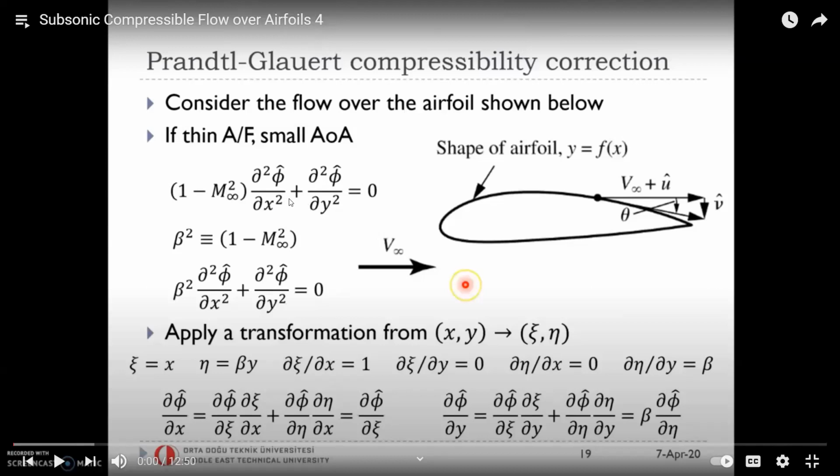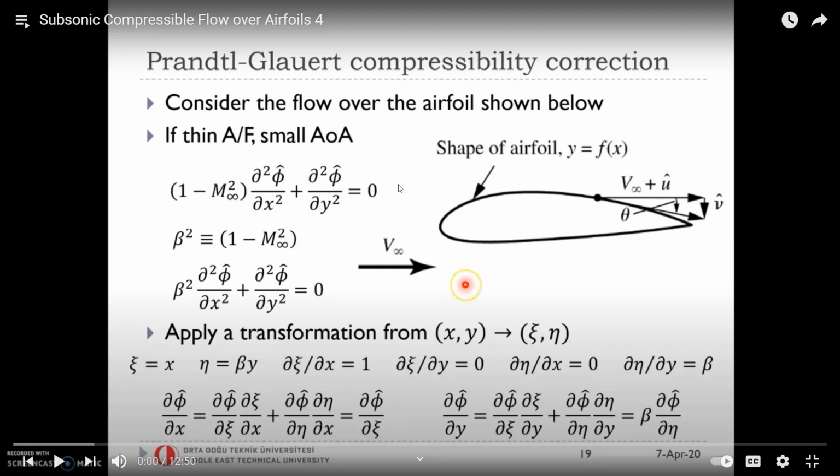The question is, can we get a relation between this equation, the linearized form of the differential equation for the velocity potential, and the Laplace equation, because the Laplace equation is the governing equation for incompressible flow.